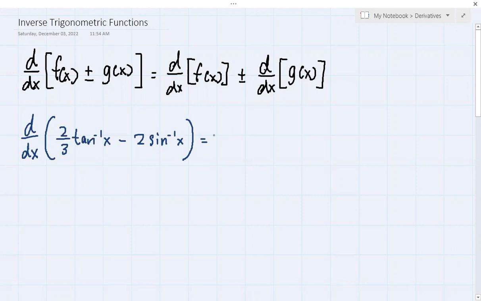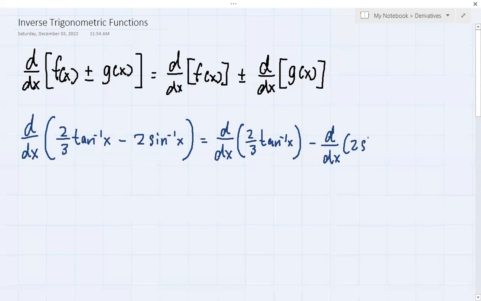So now, let's get the solution for this one. So ito, since the terms are separated by the subtraction operation, so ganito mangyayari sa kanila. So we will get the derivative of each of the terms. So 2/3 of arctangent, then minus derivative ng 2 times arcsine.